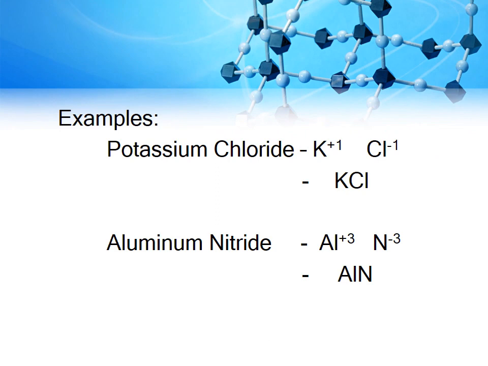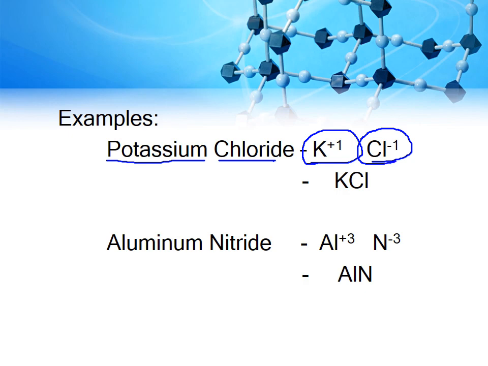Let us have here an example. We are asked to write the chemical formula of potassium chloride. According to the rule, we need to write first the element and the oxidation number of potassium. Here we have K positive 1 and chloride, which is Cl negative 1.